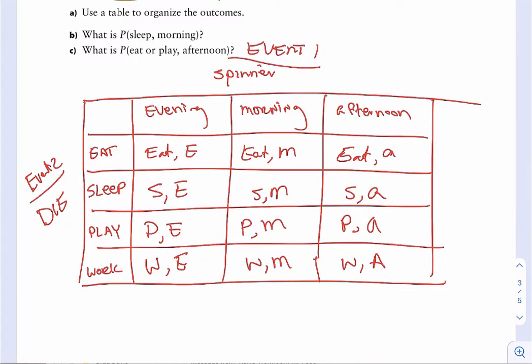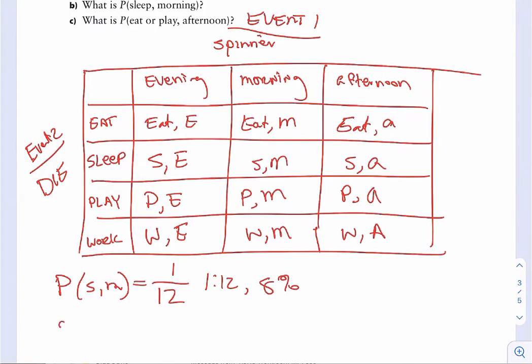Event 1, event 2 are there. For B, probability of sleeping in the morning. Okay, sleeping in the morning only happens there one time, so it'll be 1 out of how many? 3 in event 1, 4 in event 2. That means 12, 3 times 4. So 1 to 12, 8%. C, probability of eat or play in the afternoon.